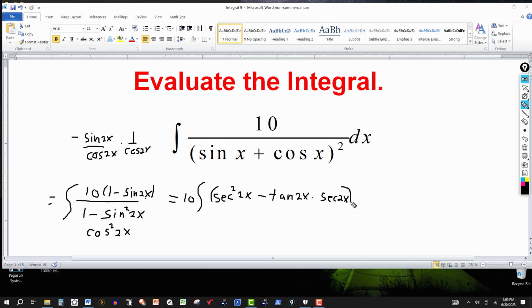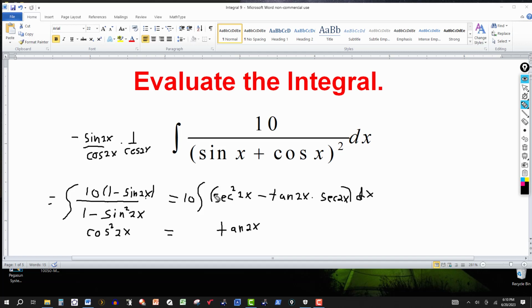I put this in parentheses. You can look at this as one integral or two integrals, but I'm going to leave it as one. Just integrate term by term. So this is going to equal secant squared of 2x. The antiderivative of that is tangent of 2x.